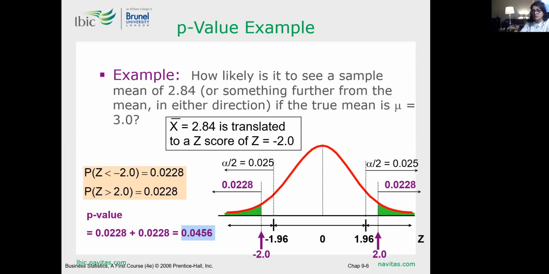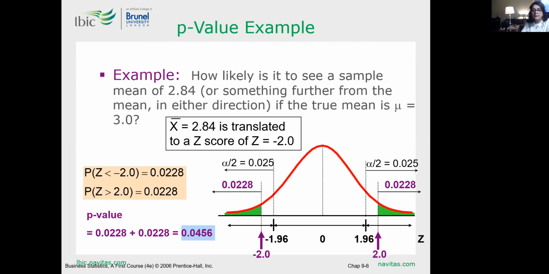I'm going to tell you one more time for a two-tailed test. Recall that we split alpha to determine the critical value of the test statistic. With the p-value, the probability of getting a test statistic at least as extreme as the observed value is computed.